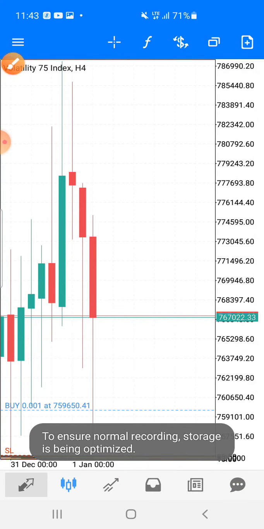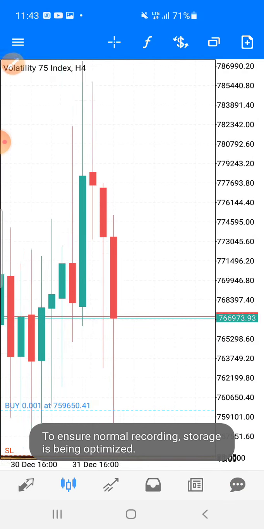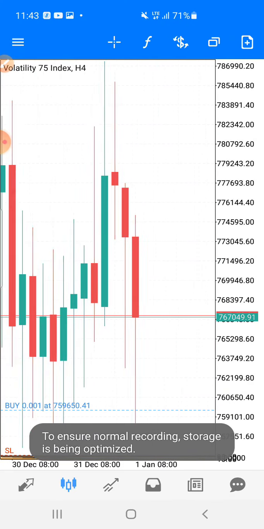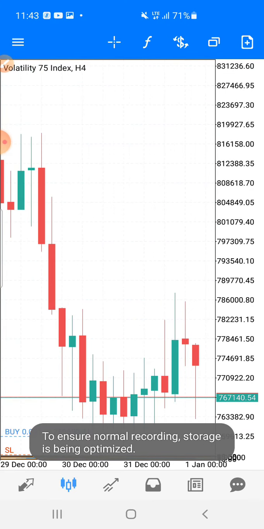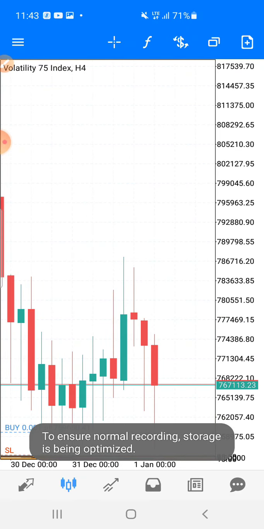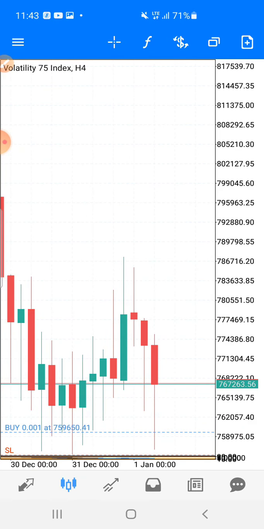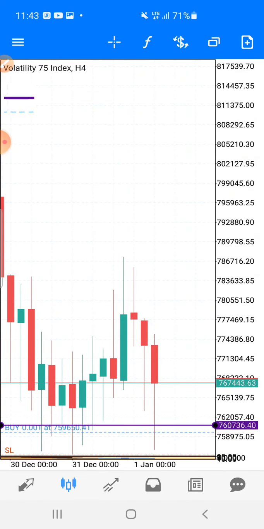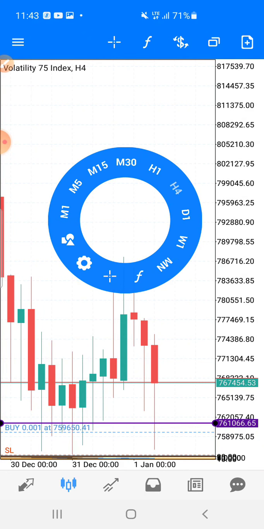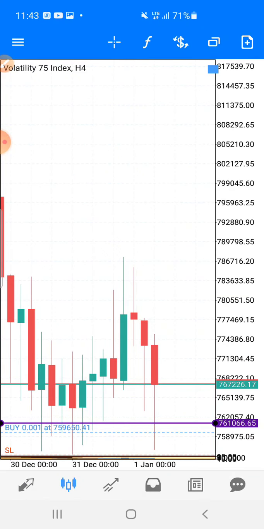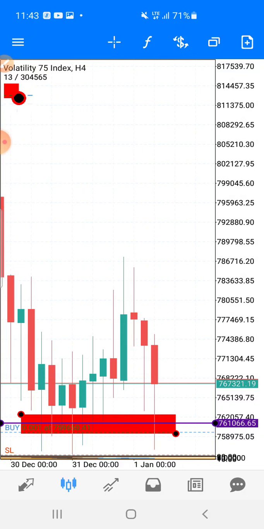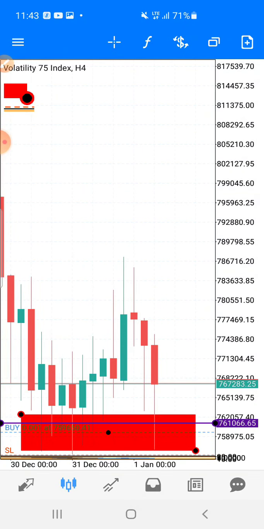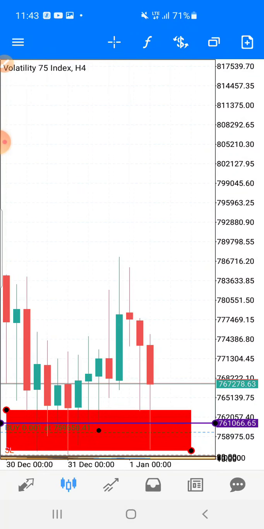First of all, you just need to go to a higher time frame to pinpoint a support level. Now, you can see this is the 4 hours time frame. If you look down here, you discover that this is a support level or support zone.